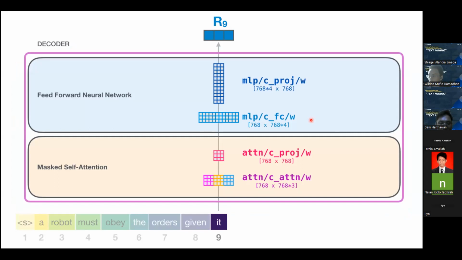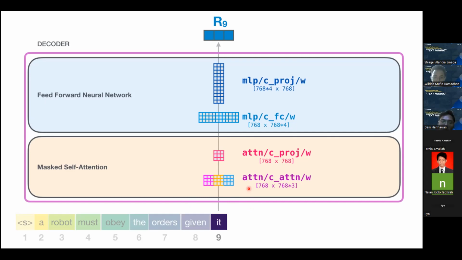This picture summarizes how R9, the output at the ninth position, is generated by the decoder. Firstly, we split into 12 heads, and we use 12 different transformations to create 12 sets of QKVs.